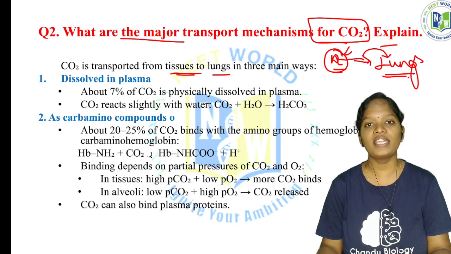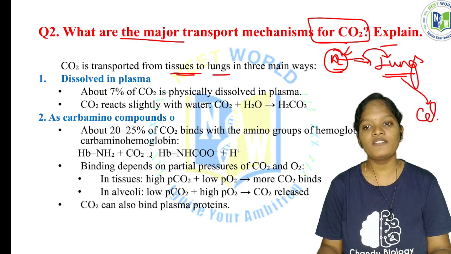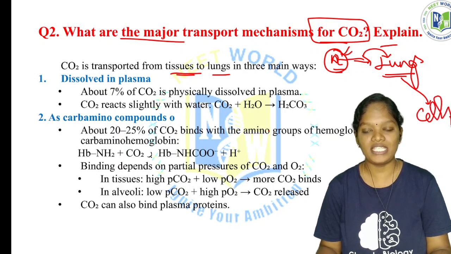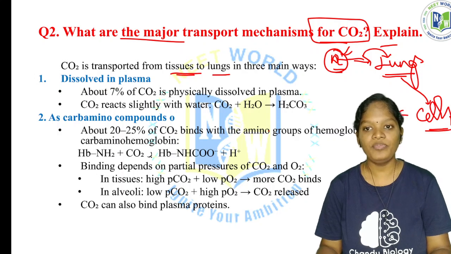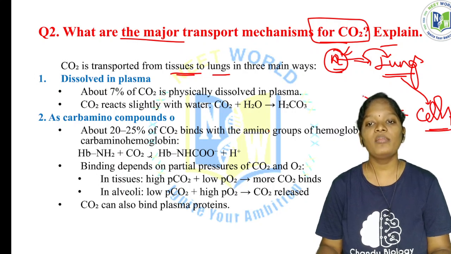The lungs then segregate the oxygen, and the oxygen reaches all the parts of the body, specifically the cells. As a result of metabolism, the cells excrete a byproduct called carbon dioxide, and this carbon dioxide has to be eliminated from the body.